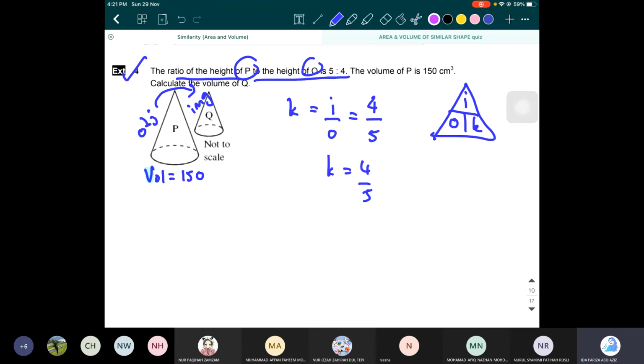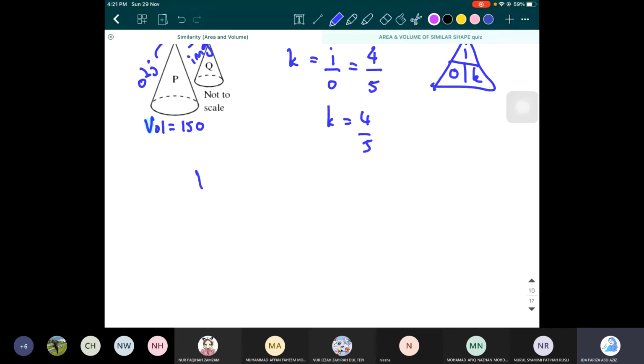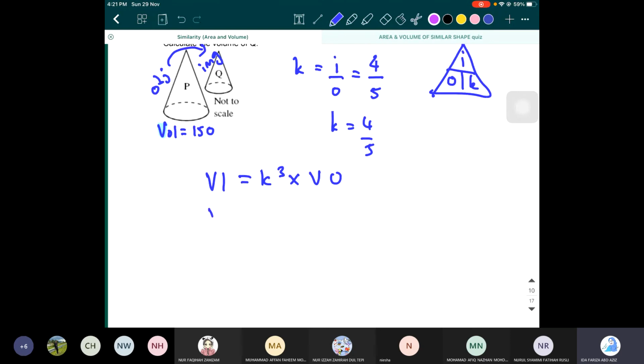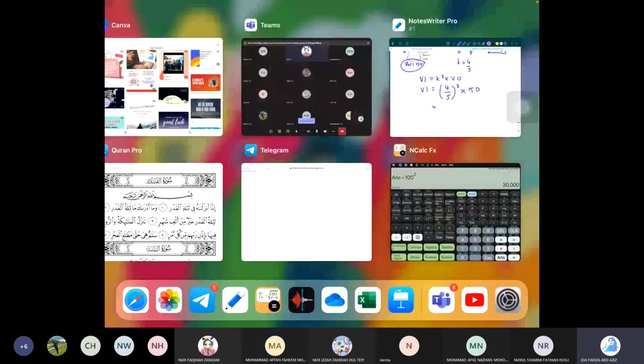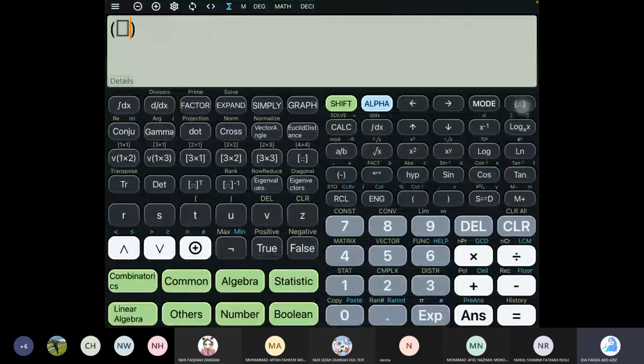Nak cari volume. So kita akan buat formula VI equals K cube times VO. Okay, VI tak tahu times 4/5 cube. Volume object ni yang dia bagi 150. So just put it in your calculator like this. In bracket 4/5.